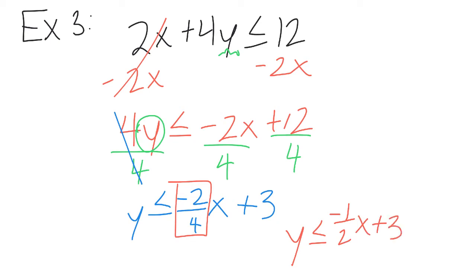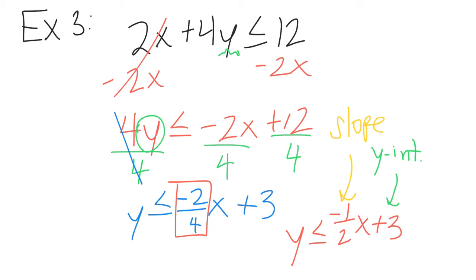And just like we solved before, this fraction is my slope. This value here is my y-intercept. And it is graphing just like when we did y is equal to mx plus b, only now we have an inequality.